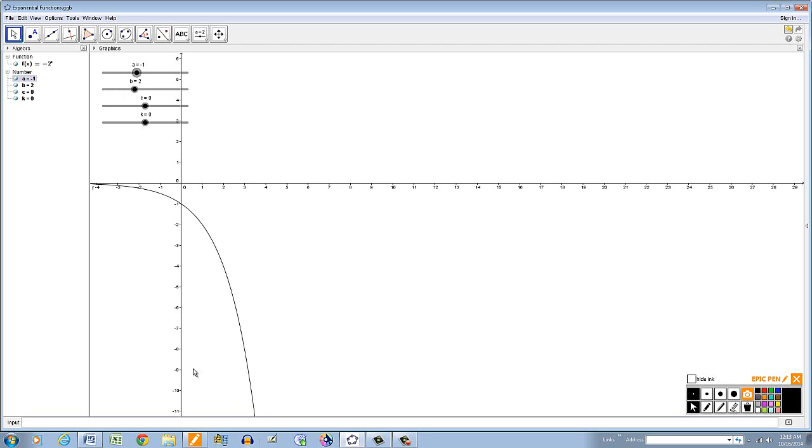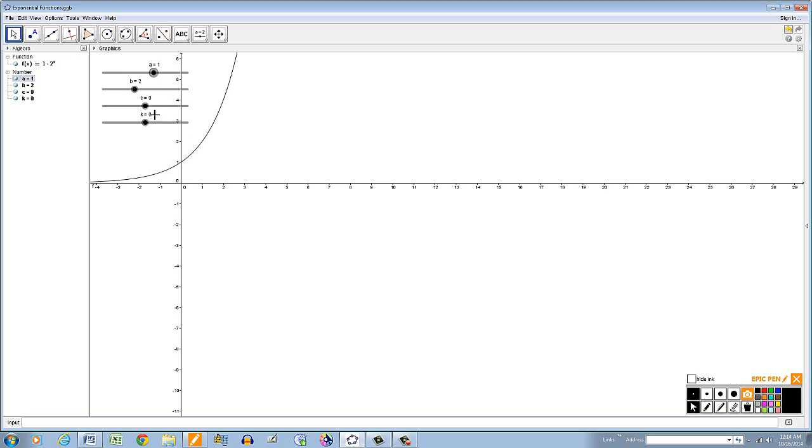Notice it's reflected. Okay, there you go. Okay, so I have it at 1.